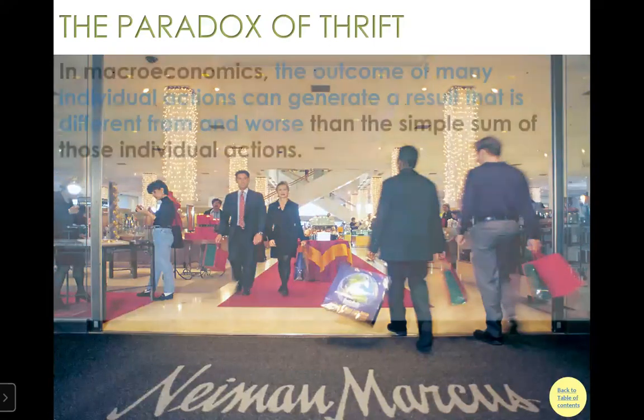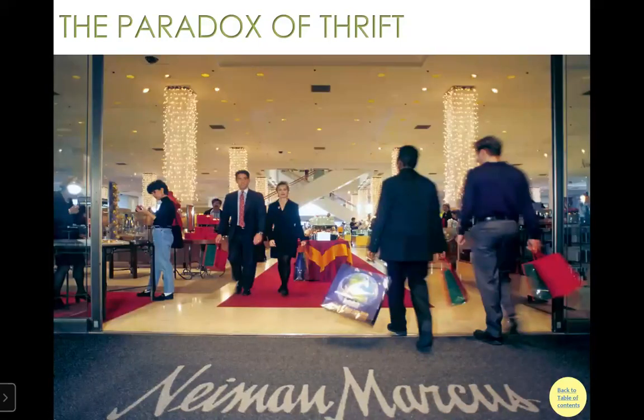Okay, and given this discussion, we can see the paradox of thrift. In the previous slides, you can see that if I spend $1 more, the impact on the economy is going to be larger than this $1, right? So there's a multiplier. And conversely, if I reduce my consumption by $1, the net impact on the economy is going to be more than $1, right?